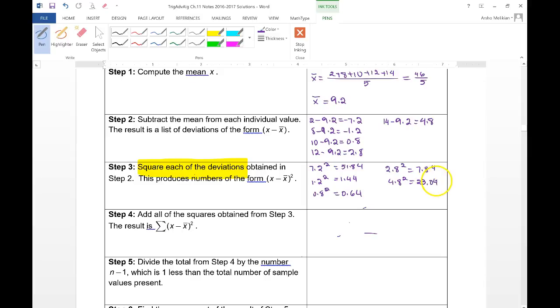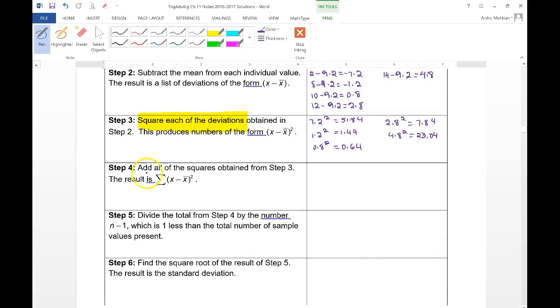23.04. Okay. Now that we squared, we're going to add them all. So 51.84, 1.44, 0.64, 7.84, 23.04.